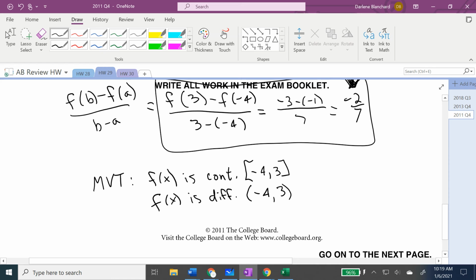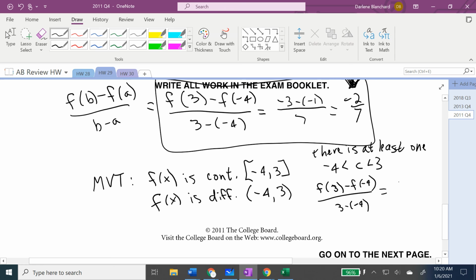And the mean value theorem says if these two things are true, then you are guaranteed that there is some c between the -4 and the 3. There is at least one c such that the average rate of change, and I'm going to write it this way, f of 3 minus f of -4, is equal to the instantaneous rate of change.